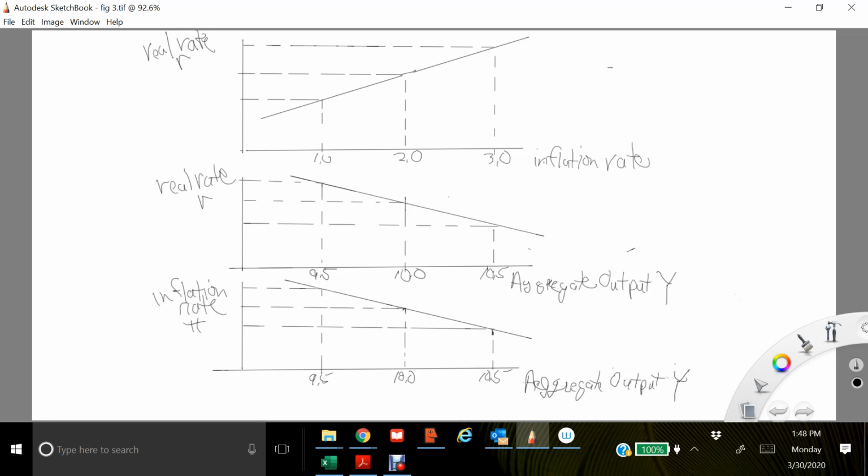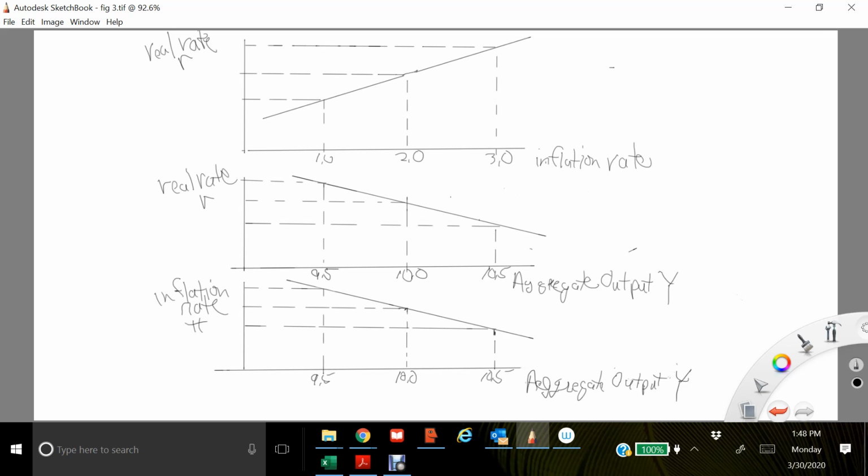So now we're ready to tackle the big figure graph in the chapter. It's on page 507. It shows how to derive the aggregate demand curve from this, our IS curve right here.